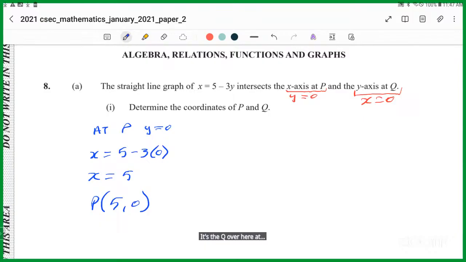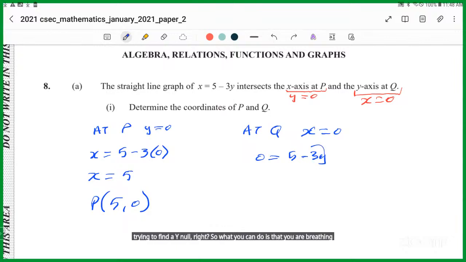Let's do Q over here. At Q, the x value is 0, because on the y-axis the x value is 0. So we're going to take the x value of 0 and put it in the equation. So you're going to get 0 equals 5 minus 3y, and you're trying to find the y now. So we take the 3y and bring it over this side, make it positive, and get 3y equals 5.